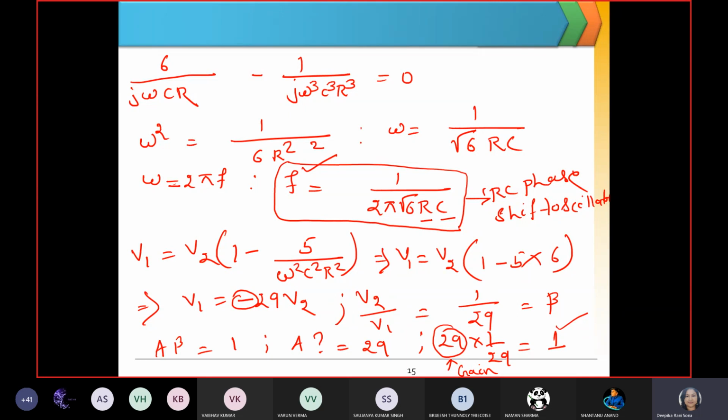For that, the data given: 3-stage means n equal to 3, because 1 by 2 pi RC is nothing but 1 by 2 pi RC square root of 2n. This equation of F can also be written as 1 by 2 pi RC square root of 2n.